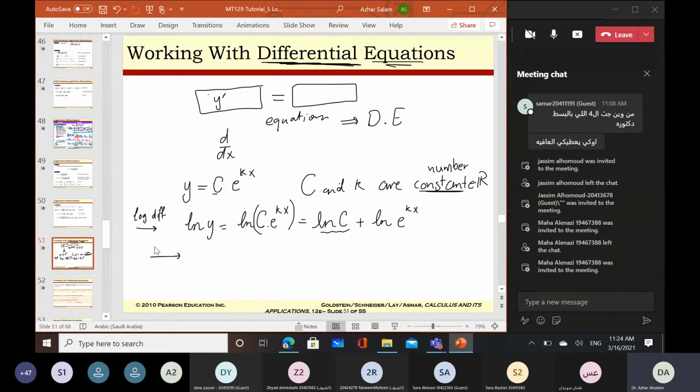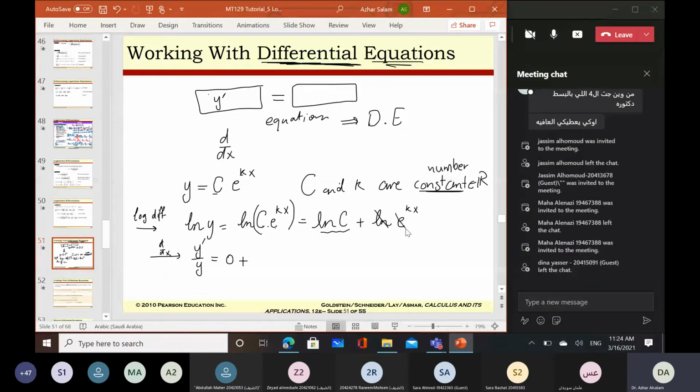Now I will differentiate d by dx both sides. It will be y dash divided by y, like we did before, f dash divided by f, equals the derivative of a constant, which is 0, plus... before differentiating, I have the property that ln deletes the e.